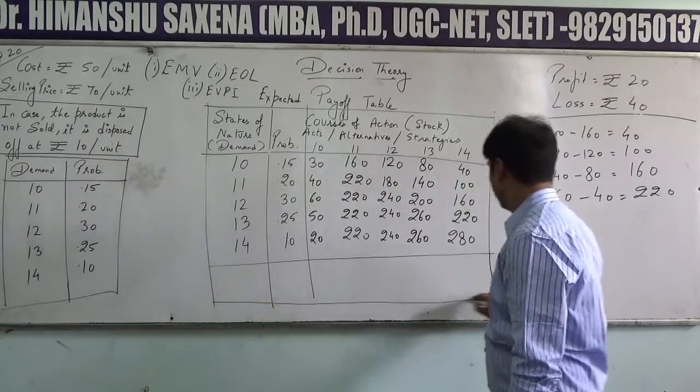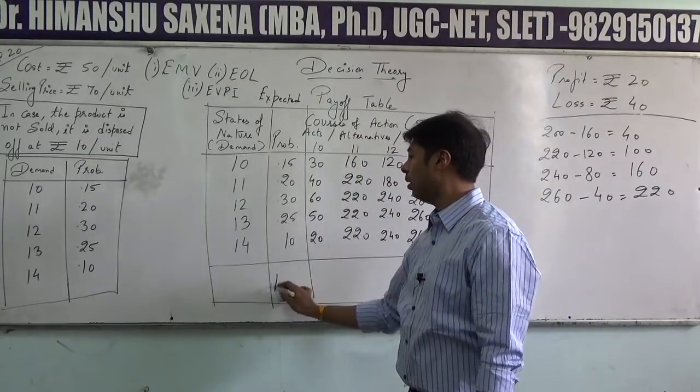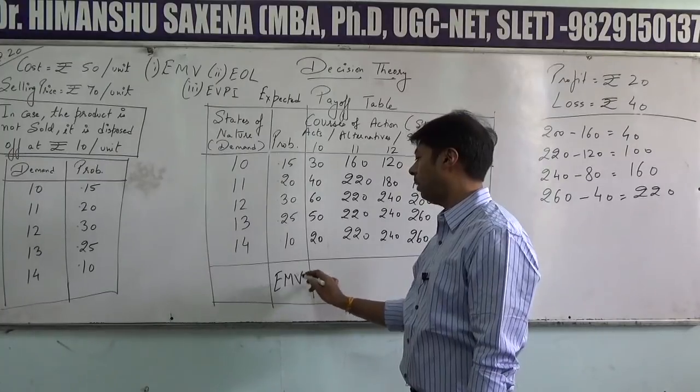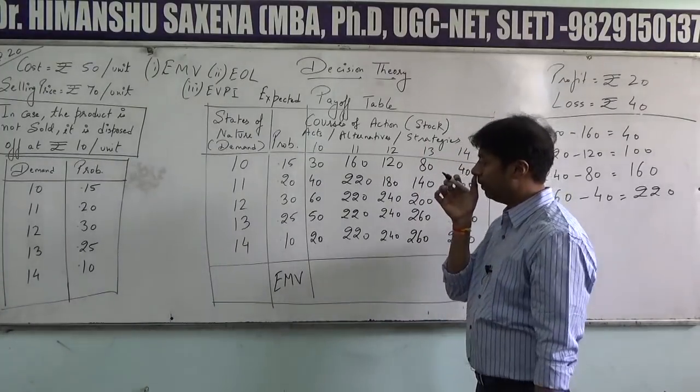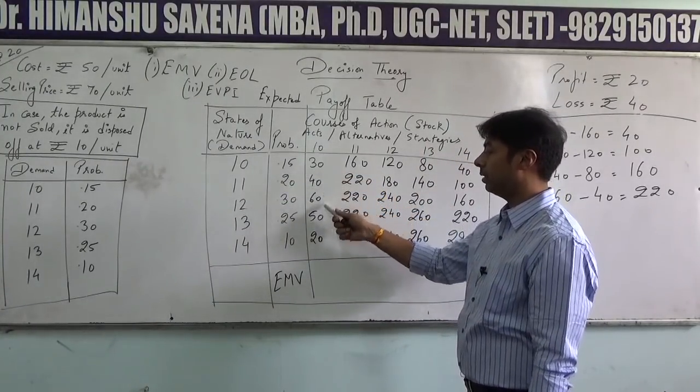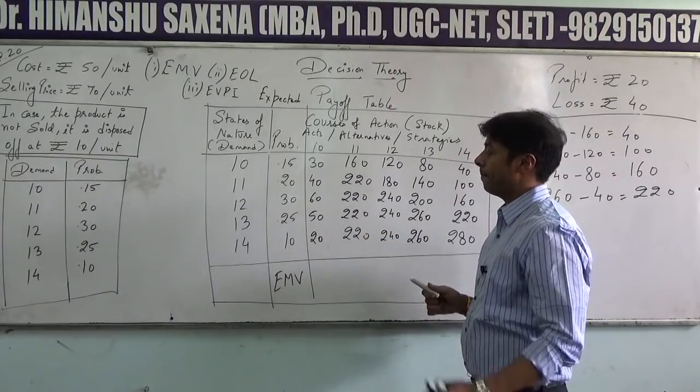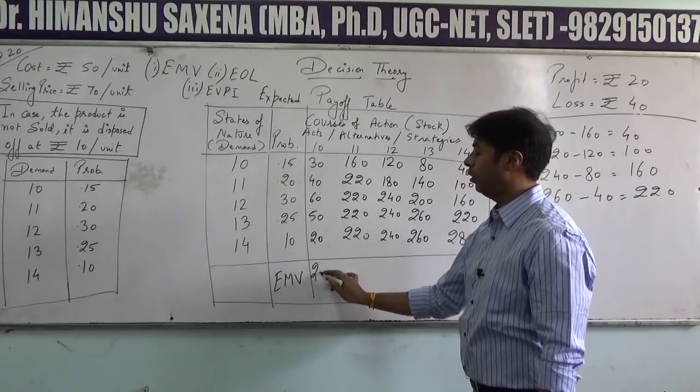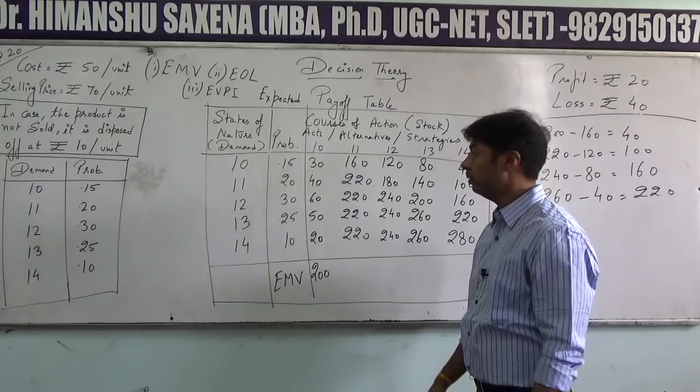Right? Next, you will have to total all these values. If you add 30, 40, 60, 50 and 20, the value will be equal to 200.